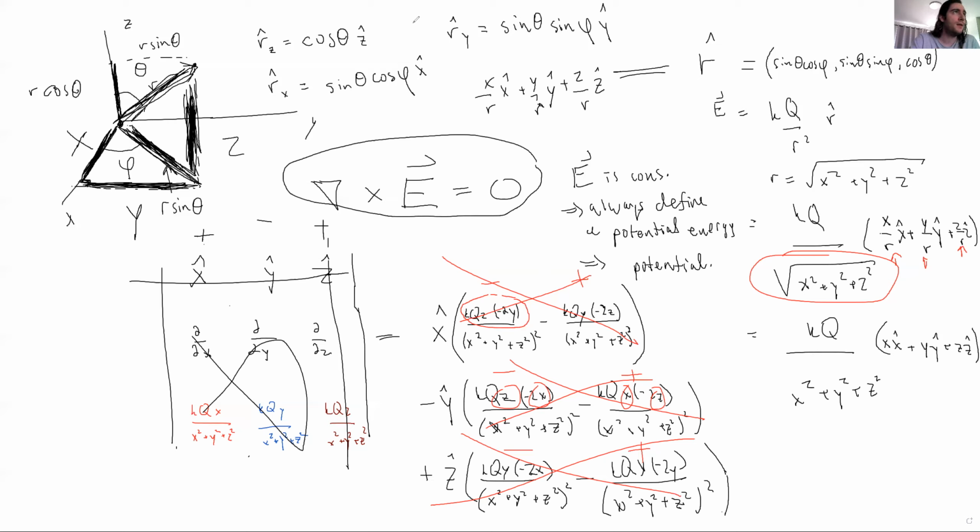This method of calculating a cross product is not the only method. If you have another method of calculating a cross product, for example, one thing that people do is they write down the next row here, and then they write down the k, q, and so on, and then they write down the y hat row again, and so they just go diagonally across everything, and then they go diagonally back the other way. That is also valid. You can do it that way.